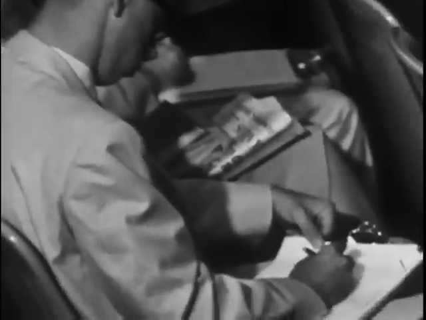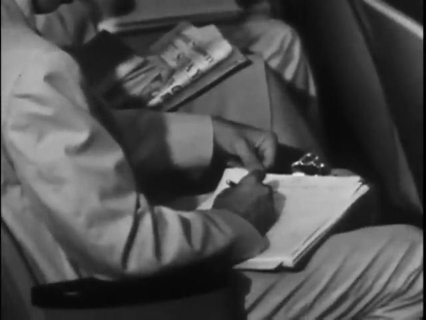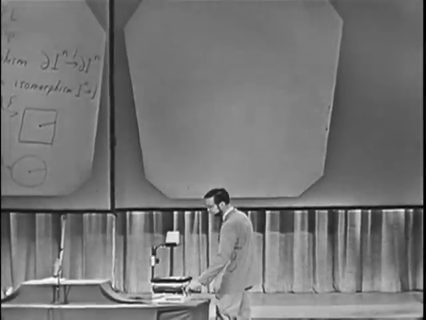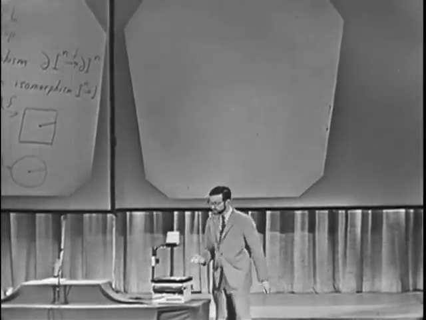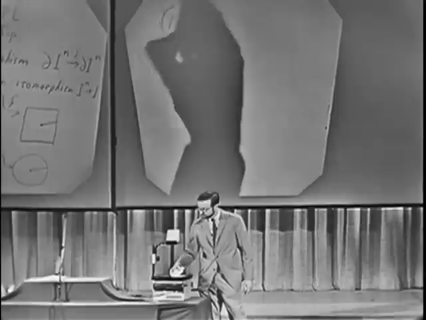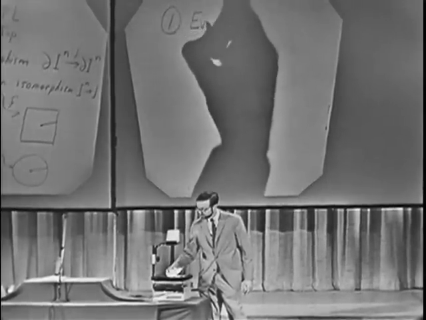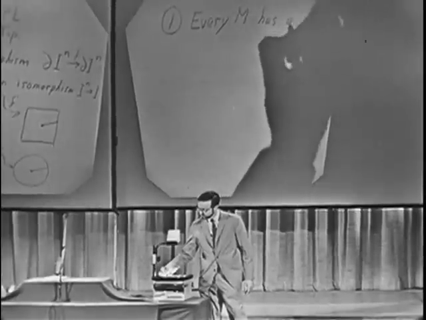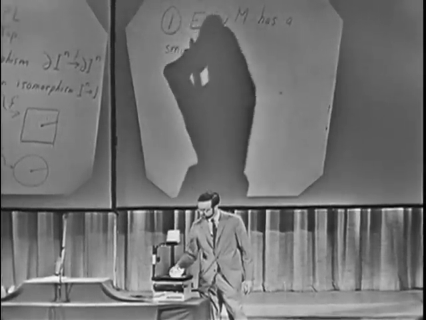But it doesn't matter. One can do one as well as the other. And Whitehead proved several basic theorems, among them being, one, every smooth manifold M has a smooth triangulation.